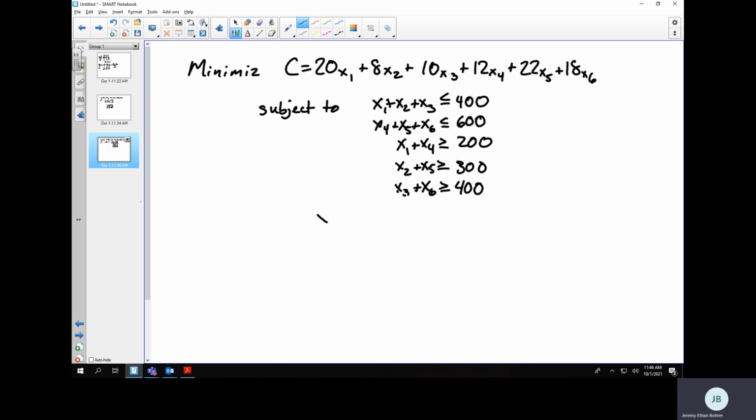And x1, x2, x3, x4, x5, and x6 are all greater than or equal to 0.